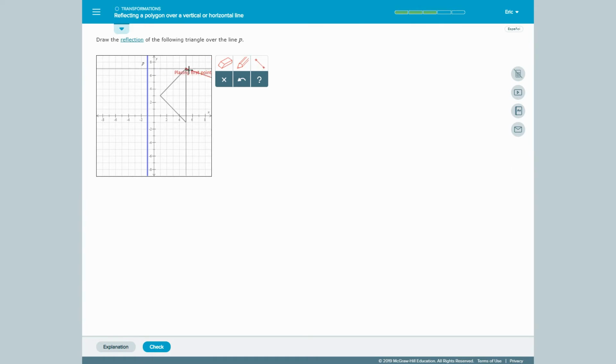And so this is 1, 2, 3, 4, 5, 6 spaces away from my line of reflection. So I'm going to count 1, 2, 3, 4, 5, 6. Place my point. This is 1, 2. So I'm going to go 1, 2. This is 1, 2, 3, 4, 5, 6.